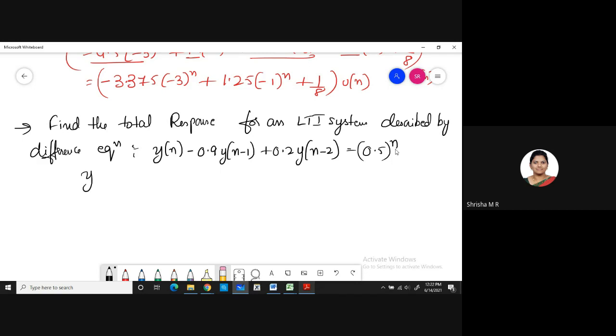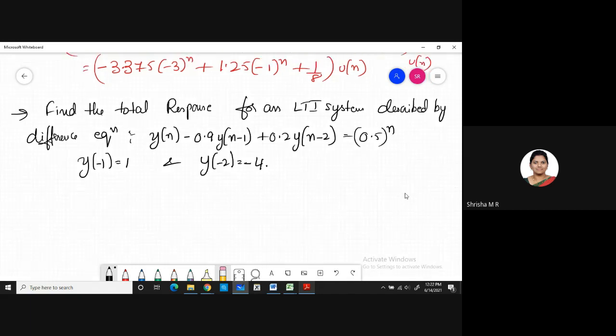And the initial conditions are y of minus 1 is equal to 1 and y of minus 2 is equal to minus 4. Okay, this is the given question, where they're asking you to find the total response of the LTI system, which is given by this difference equation.